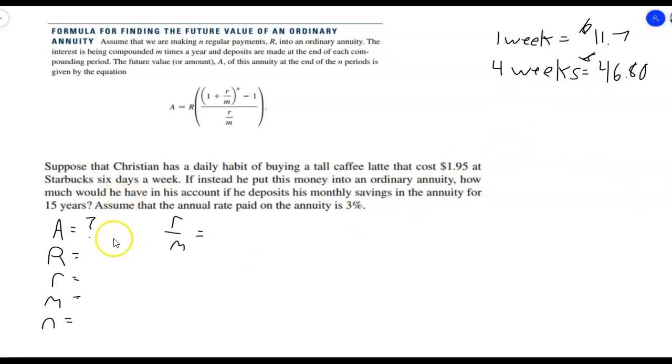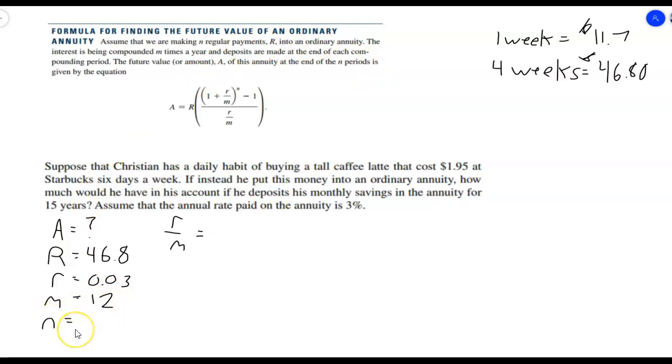All right, but we're going to be using this, like I said, to go along with the book. So this is going to be over here, 46.8. Now our interest rate here is 3%, so that's going to be 0.03. The number of compounding periods per year, remember this is an ordinary annuity, so we're going to use 12 because it's monthly.